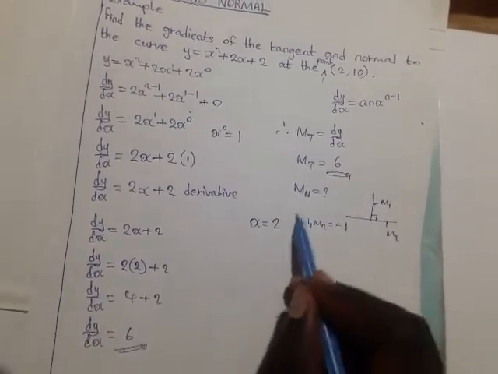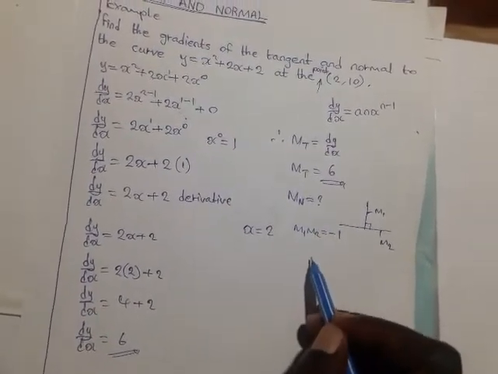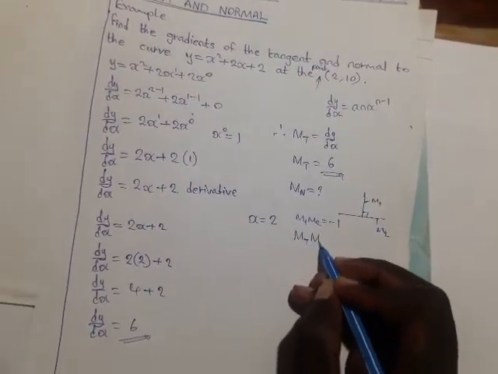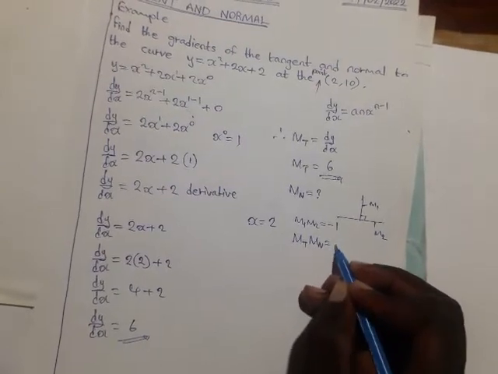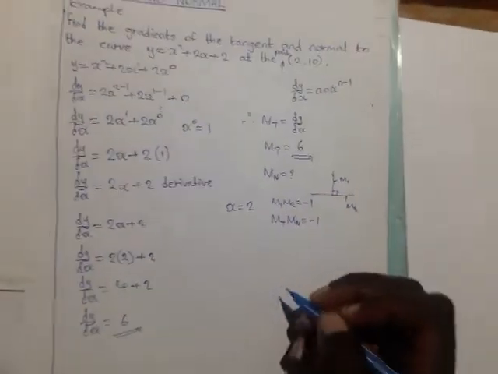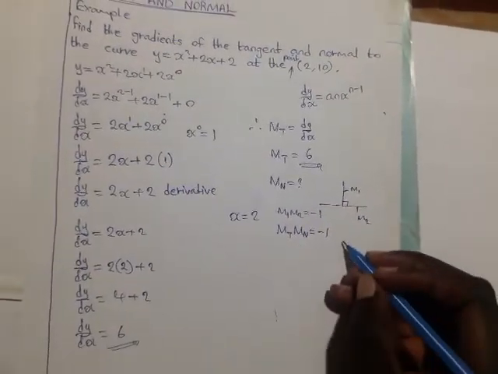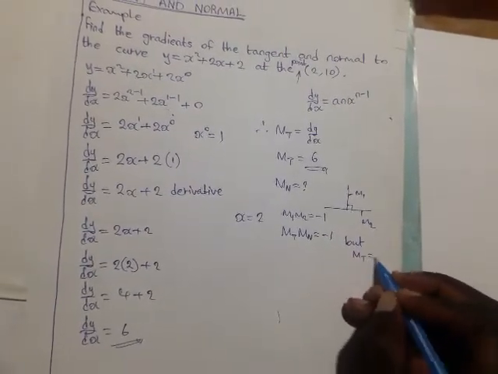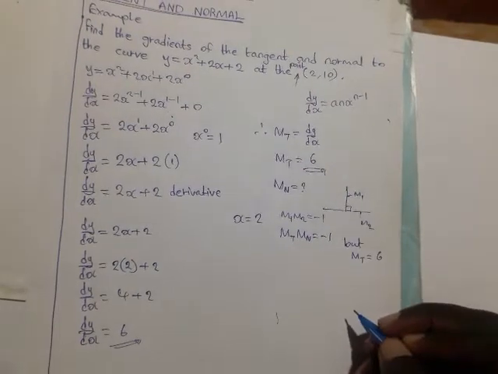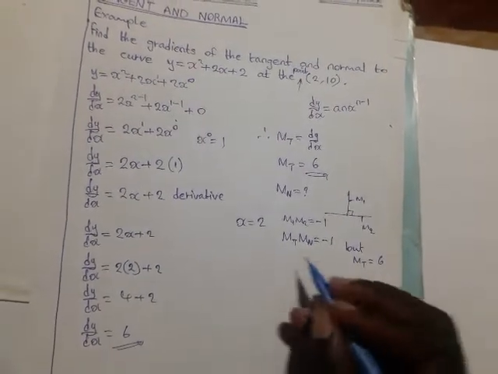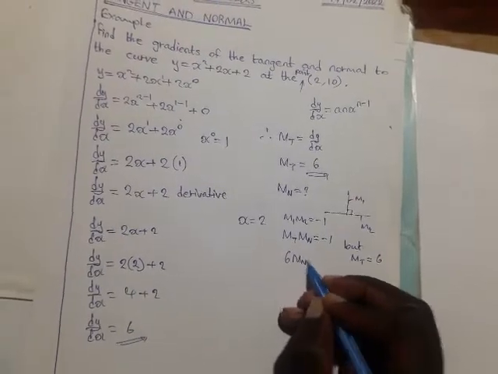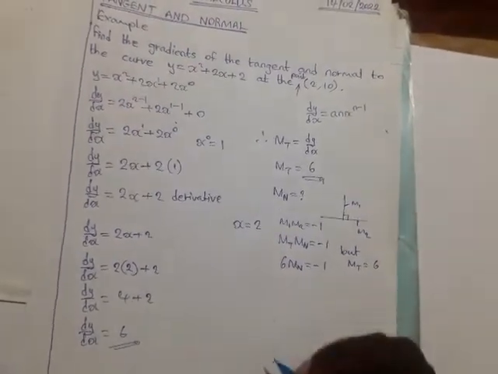So now we are going to convert this equation to mt times m normal, which is equal to -1, where mt equal to 6. So where there is mt, you have to replace 6 times m normal, which is equal to -1.